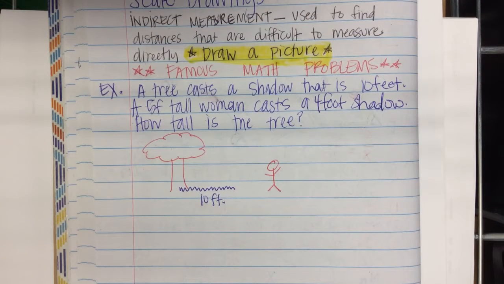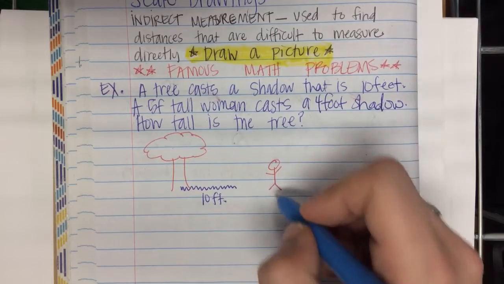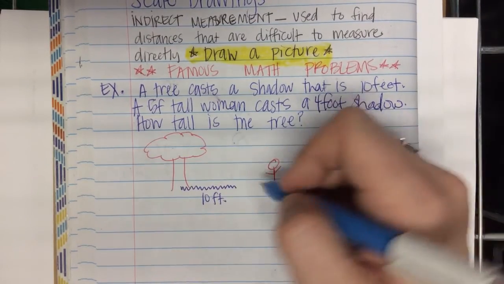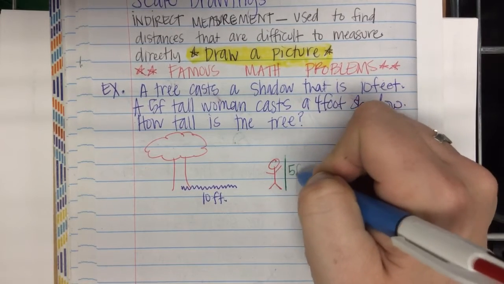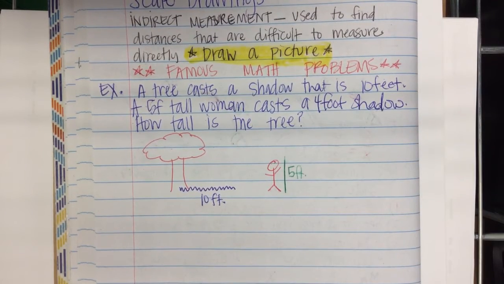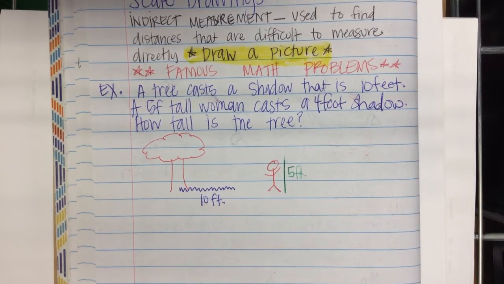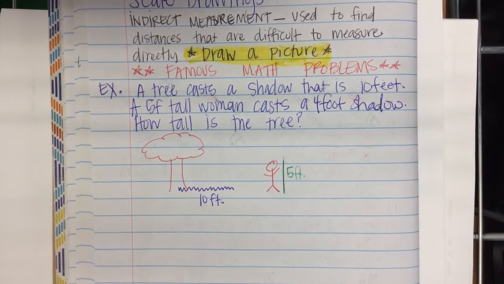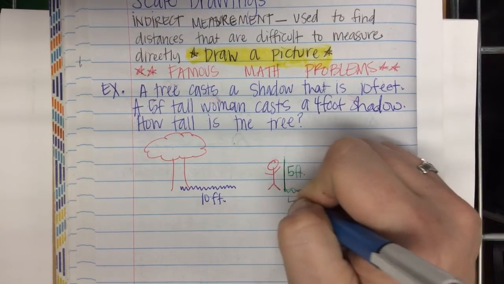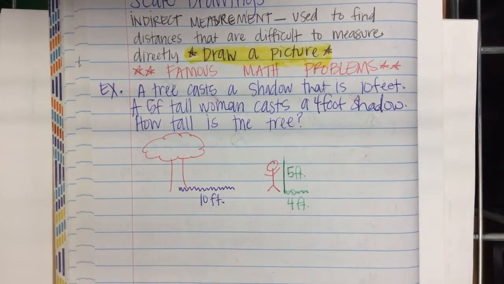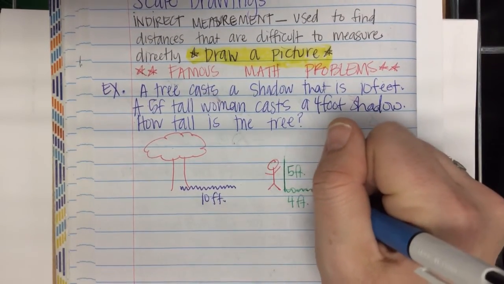And I know that this woman is 5 feet tall. And what else do I know about this woman? She has a shadow that's 4 feet. Make that a little longer.